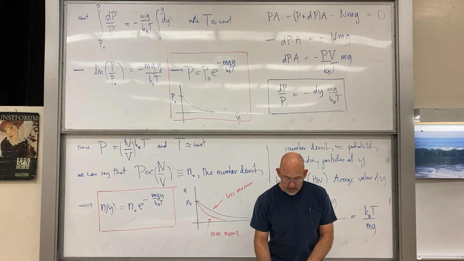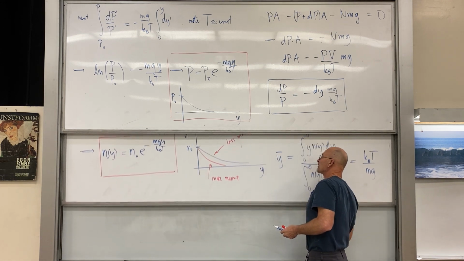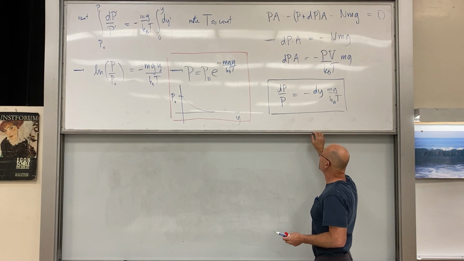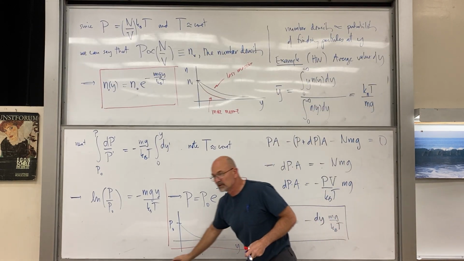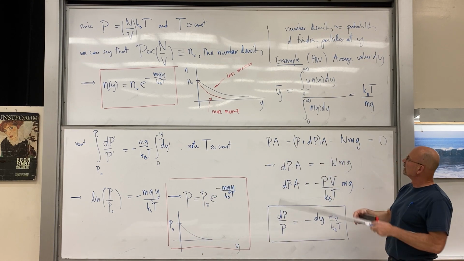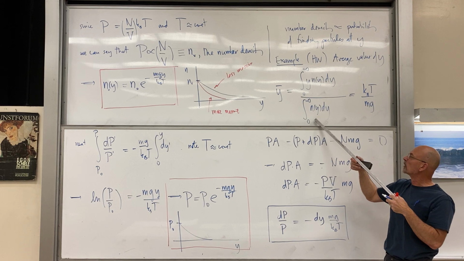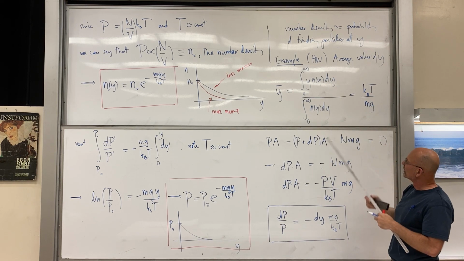So that's an interesting result. Okay, you do both of those integrals. One of them needs integration by parts. This one you just do directly. K Boltzmann T over mg when you divide the one by the other.